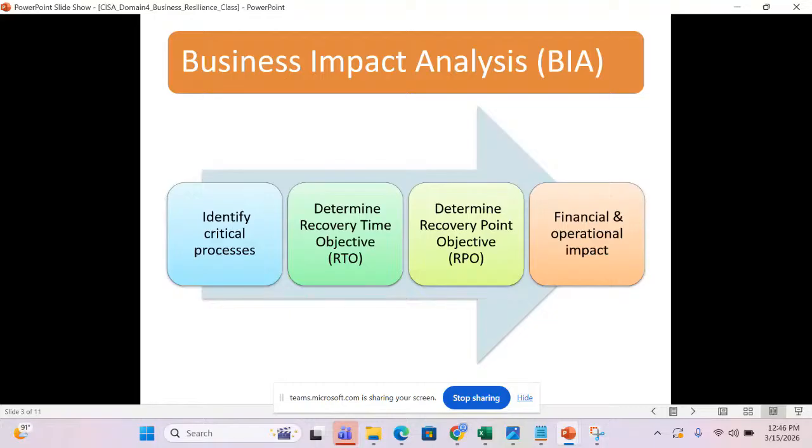And just like I said, the BIA is a document, really. Once you have your critical process, you have RTO, you have RPO, and your operational impact.